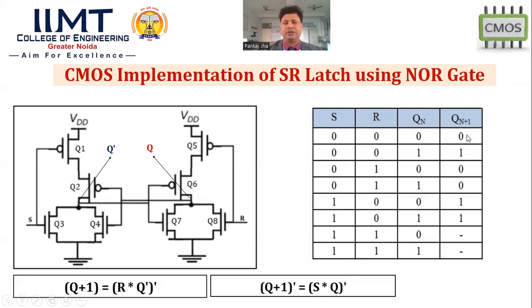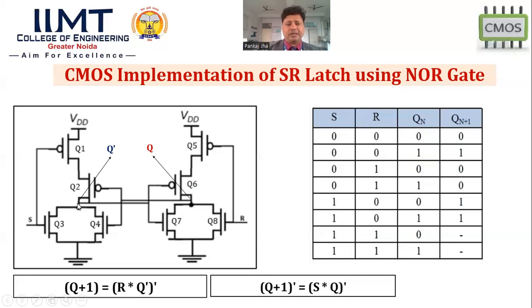Let's understand with one more example. Suppose I have taken this combination: S equals 0, R equals 1, and previous output Q is 0. With S equals 0, transistors Q3 and Q4 will go into cutoff mode, so they will be disconnected here. Q1 and Q2 will again be in saturation mode and Q bar will become 1 (high) because there is no path to ground from either Q3 or Q4.